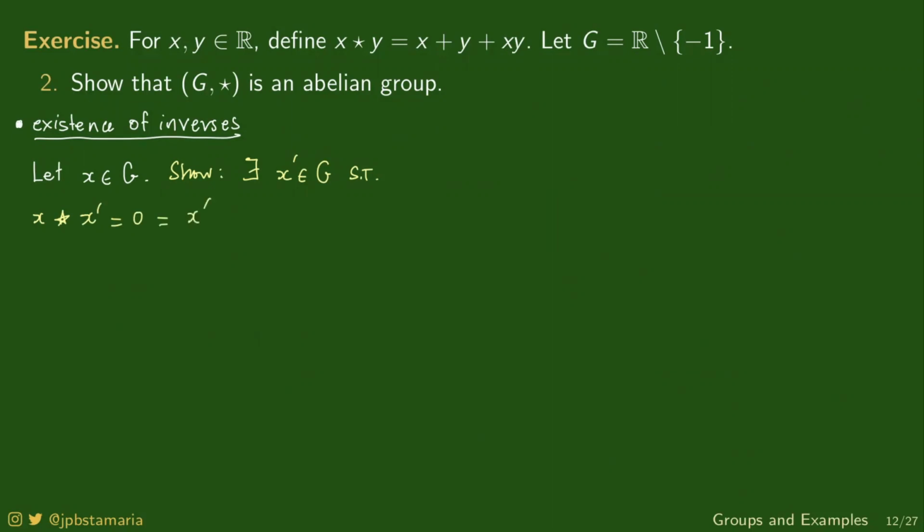And of course, no need to check kasi commutative naman. Yung x prime star x dapat 0 rin, no? So that's what we need to show. We need to show that for this arbitrary x, there corresponds an element x prime in the group G where their product is the element 0. So where will you get that x prime?